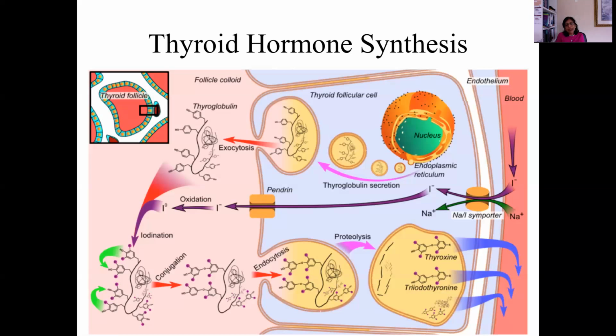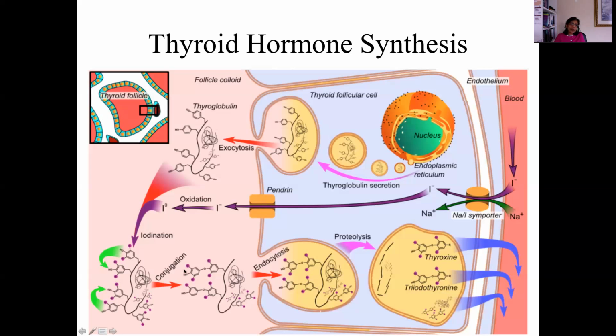T3 is actually the real hormone. That's the one that brings about changes within the cell. In other words, that's the one that serves as a messenger. T4 is like a prohormone, a carrier of T3. Okay, so that's some additional detail we want to know.